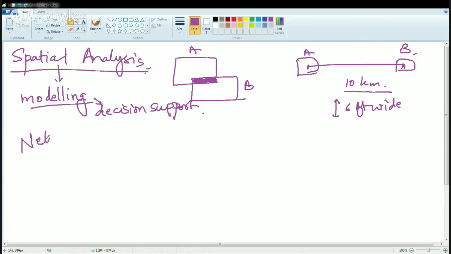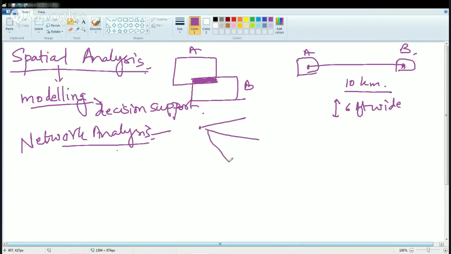The next thing which is required here is network analysis. Network analysis is a bit different concept that we need to understand here. In network analysis, I am trying to find out the network of routes from, say, A to B, C and D. There can be nodes.